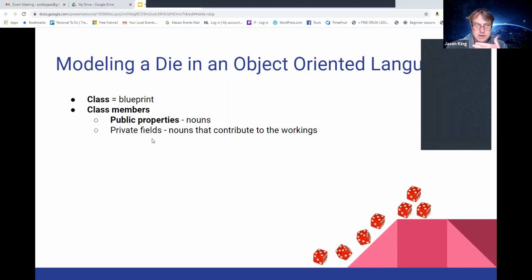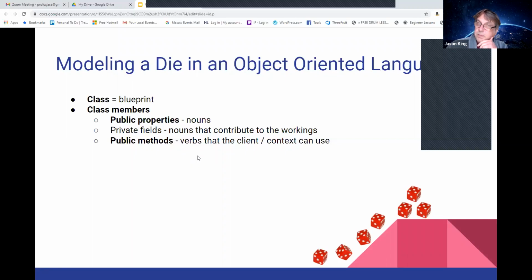You don't actually know about those or care about them, so they're marked as private. Public methods are things that the client or the context can use. So I can roll a dice, but again, there are no internal workings, so it's pretty straightforward.